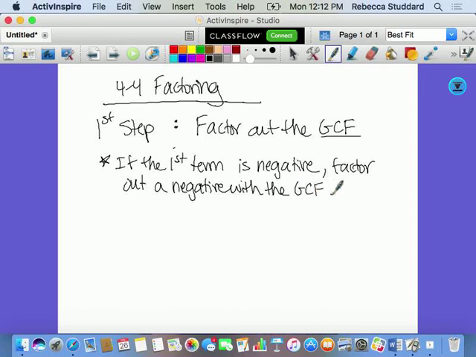Now we know negative numbers are always going to be smaller than positive numbers, and so our greatest common factor would never be negative. But if the first term in an expression is negative, you're going to factor out a negative along with your GCF. So we're going to do a few examples so you can see what I mean by that.